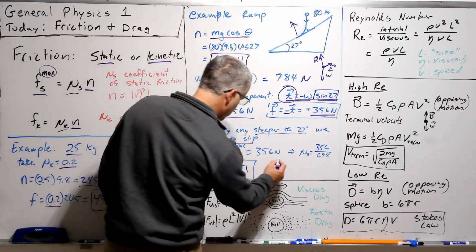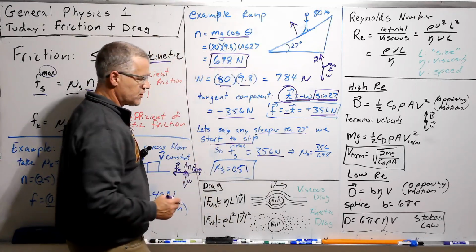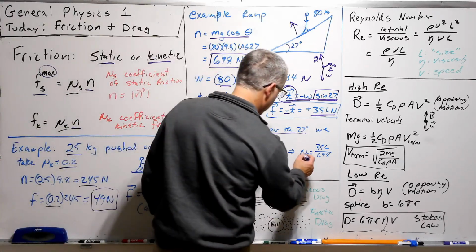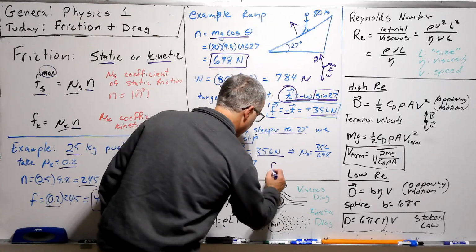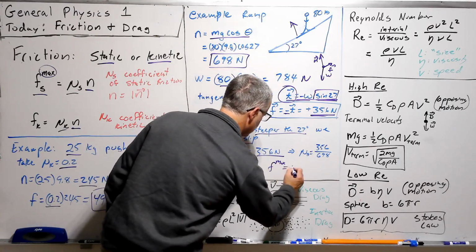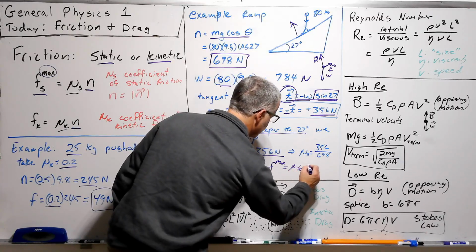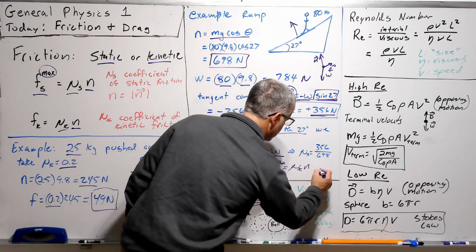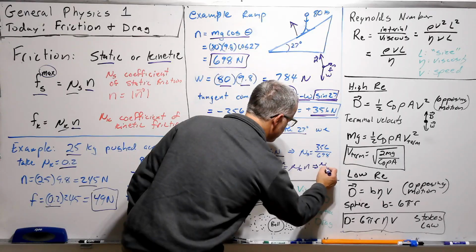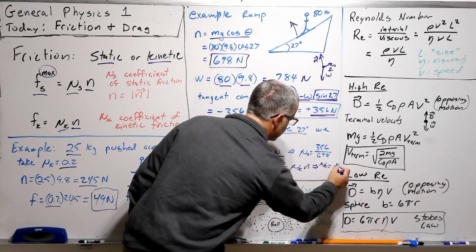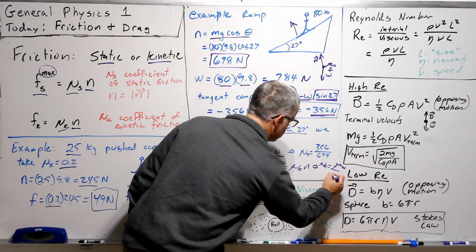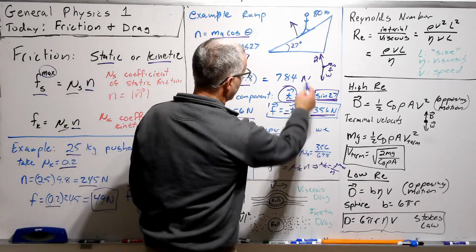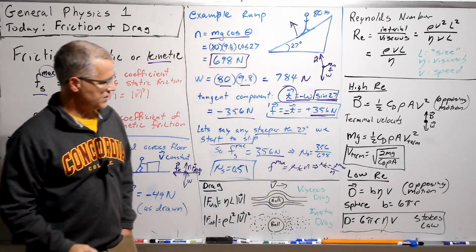Well, we know the max frictional force is 356. And so if we simply take F max equals mu times the normal, then if we divide by the normal, we get 356 divided by the normal force, which is 698.